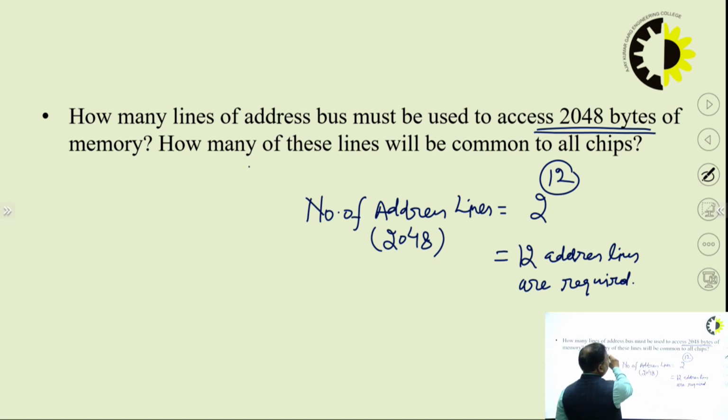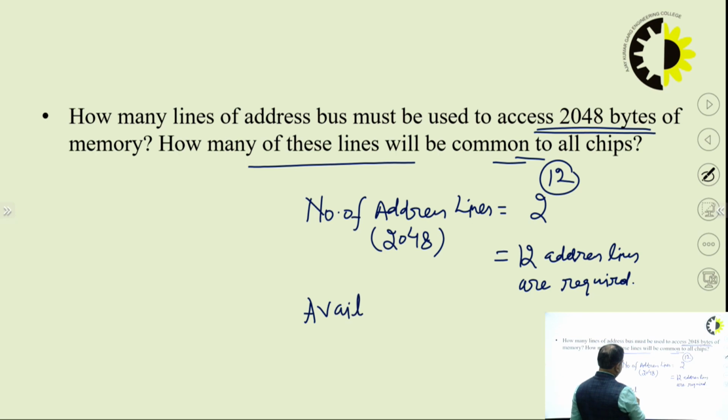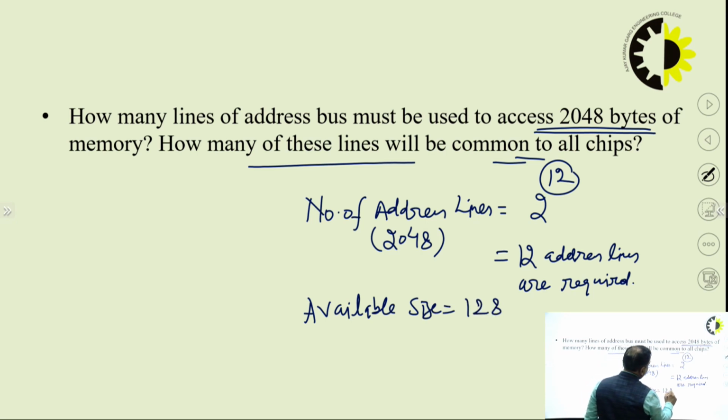And how many of these lines will be common to all chips? So, common to all chips depends on the available size. Available size is 128 cross 8. So, it requires how many lines? 128, that is 2 to the power 7.